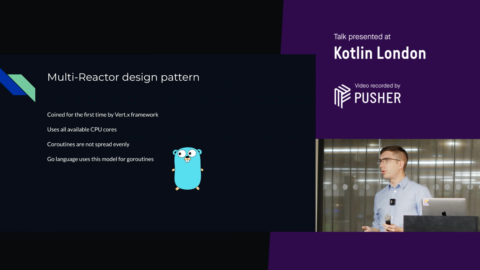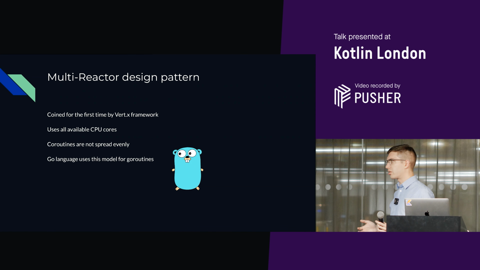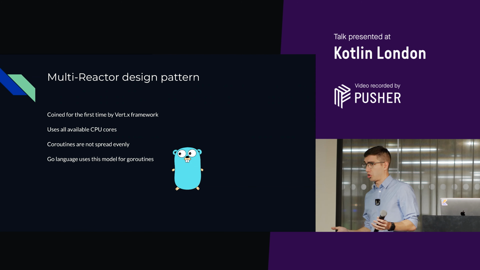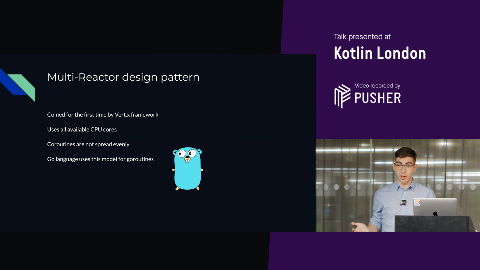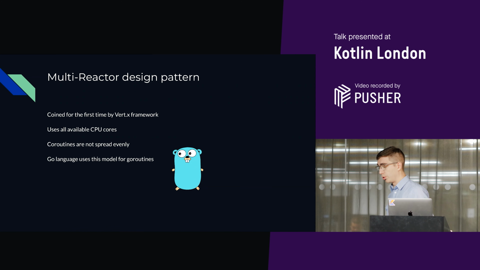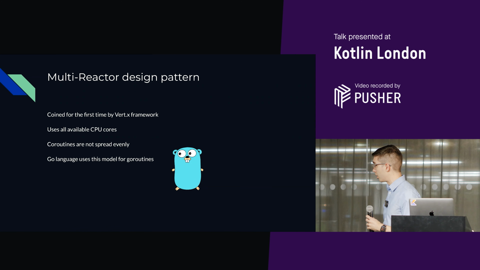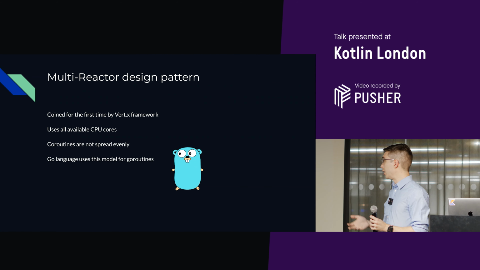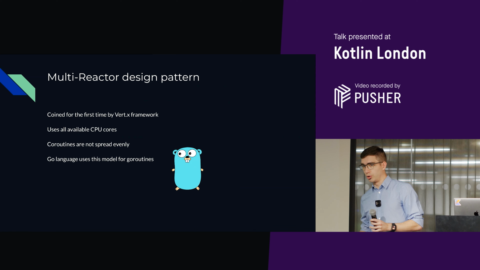And he said to himself, wait, but Node.js is actually an event loop written in C++. I can do the same in Java, and I could use more threads, and it would be even better. So that's how he invented the multi-reactor design pattern. And its benefit, it uses all the available CPU cores.